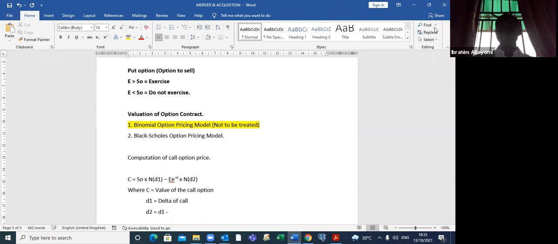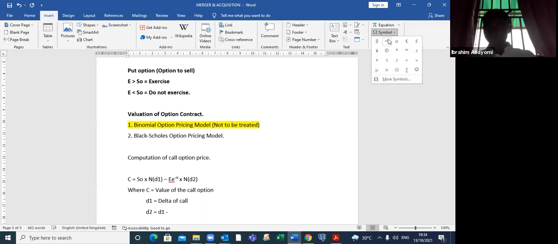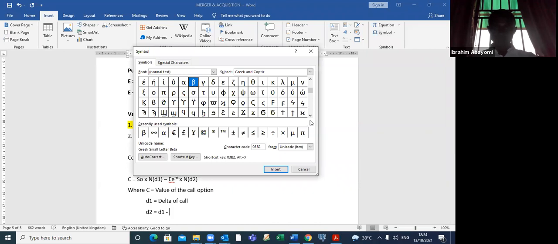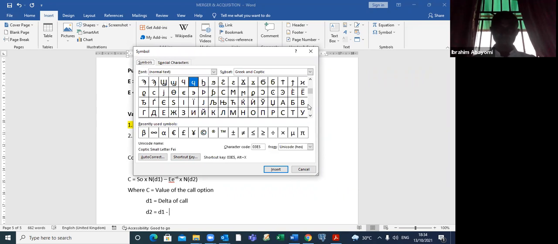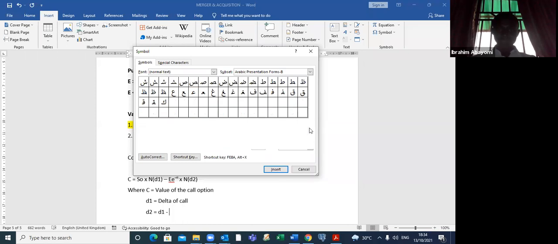Let me see whether I can get the symbol for standard deviation. Can someone search for this? If I can't see it, I'll just use any letter to represent it.